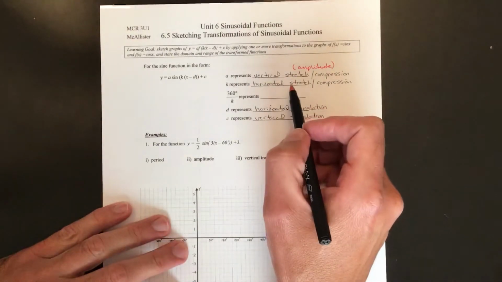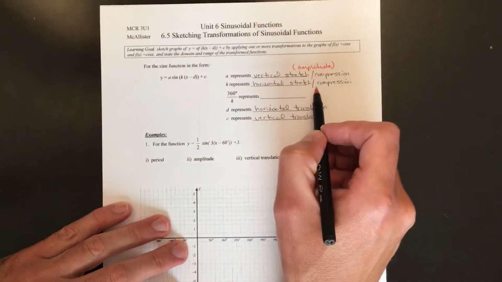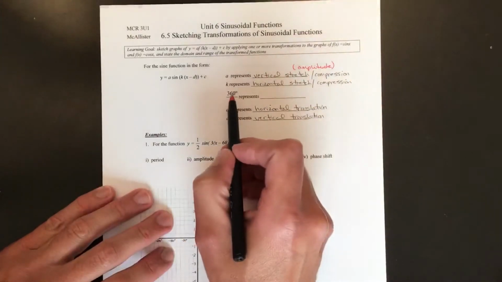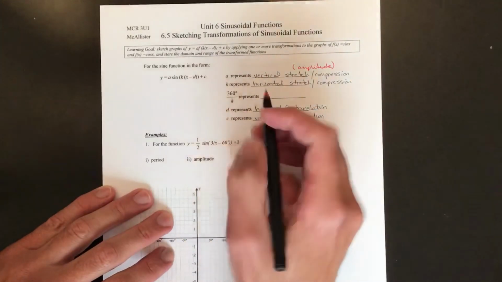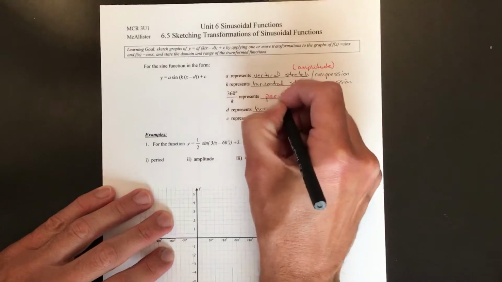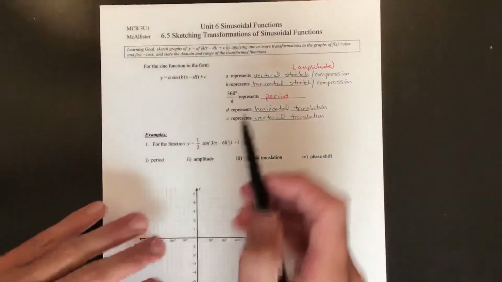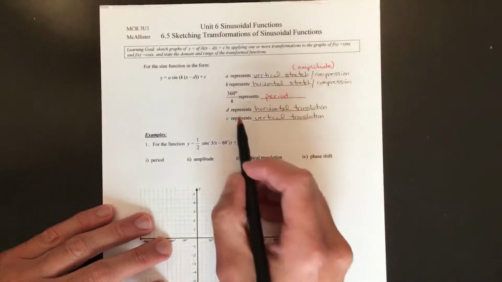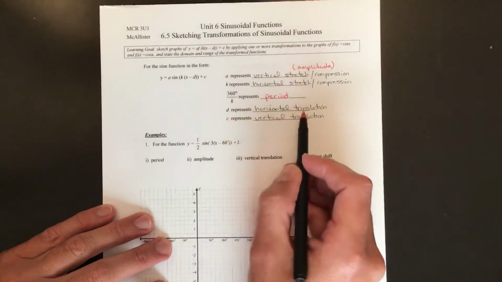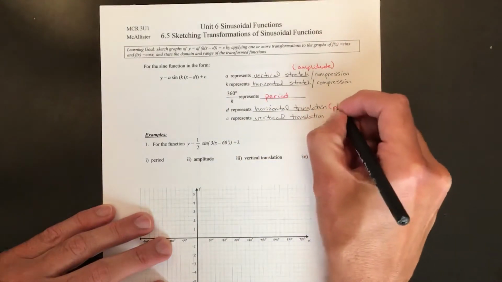K remains our horizontal stretch compression. That doesn't change. But 360 divided by K, that represents the period. Because of course, as the graph gets longer or the graph gets shorter, that's determining the period, which is your horizontal stretch compression. Going side to side for your translation, it's now referred to as a phase shift.